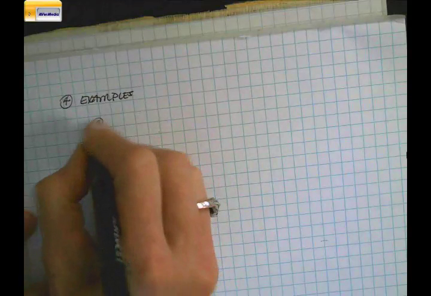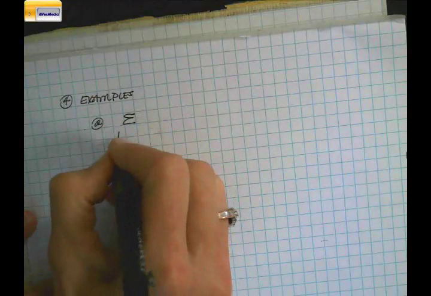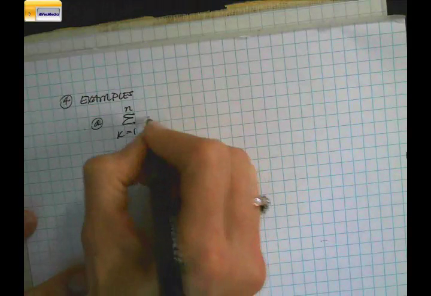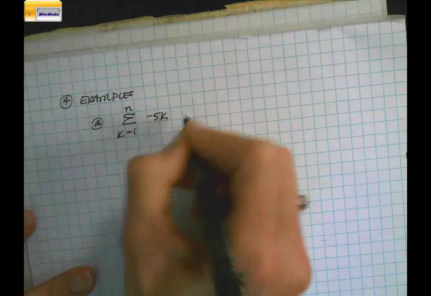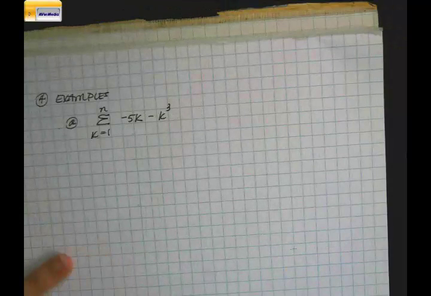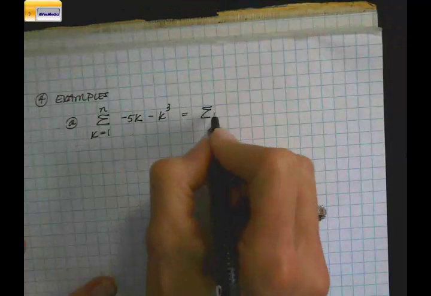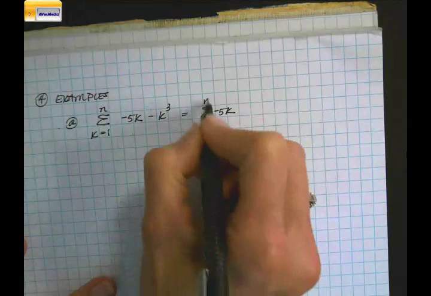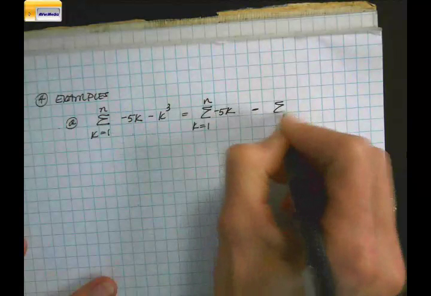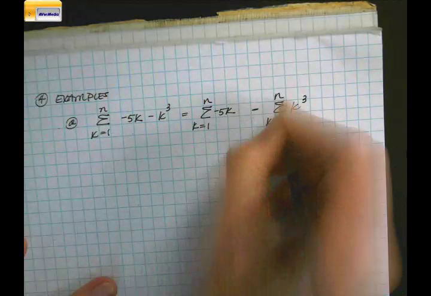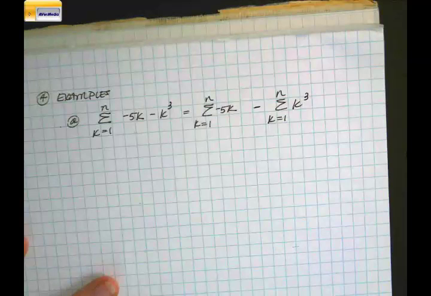Suppose they ask me to do the summation of k equaling 1 to n of negative 5k minus k cubed. Well, you can split this into two parts by making this the summation of negative 5k, k equaling 1 to n, minus the summation of the k cubed, k equaling 1 to n.